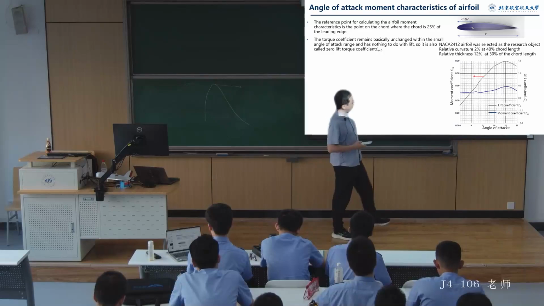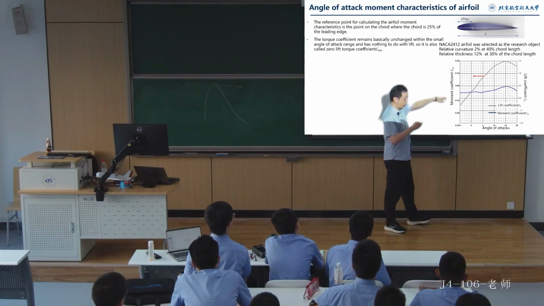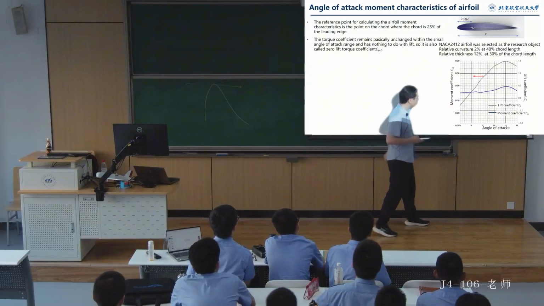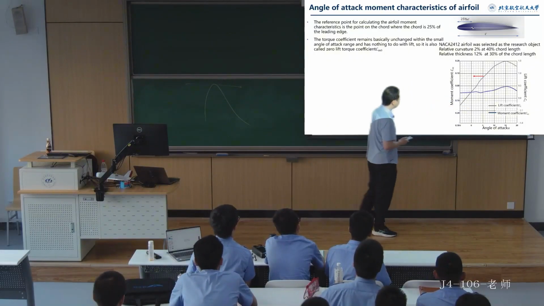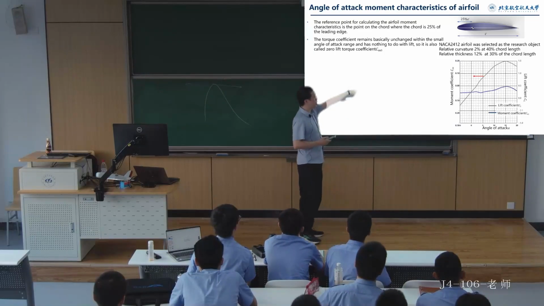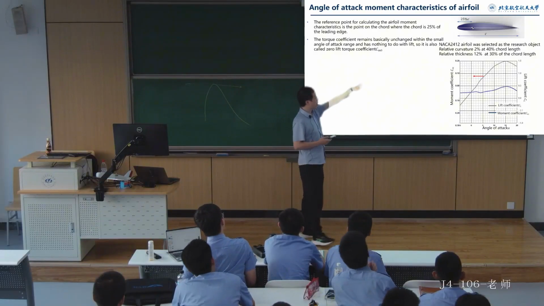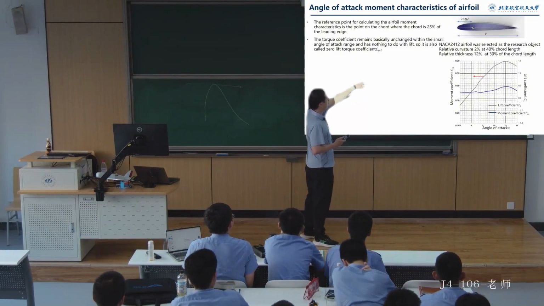As the angle of attack increases, the moment remains basically unchanged, right? So, this is the most basic characteristic of our moment. That is, in the case of small to medium angles around the 25% chord, its moment remains unchanged.